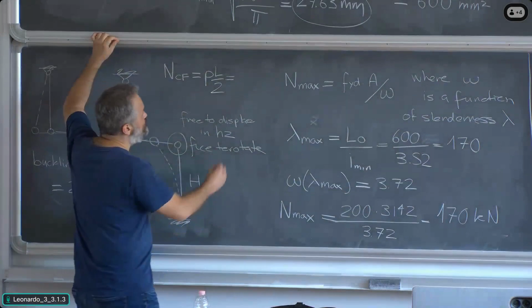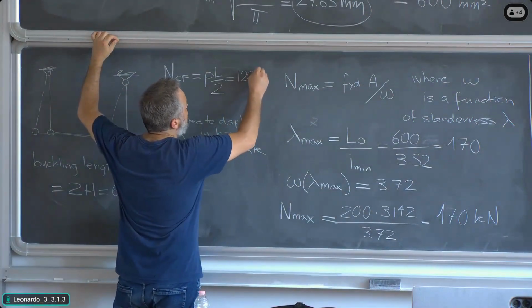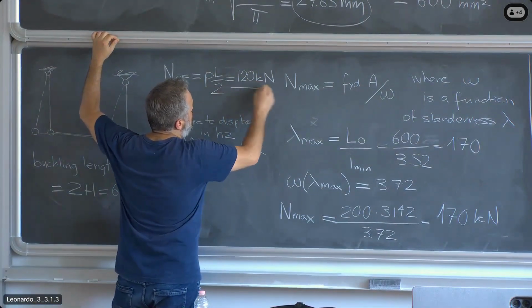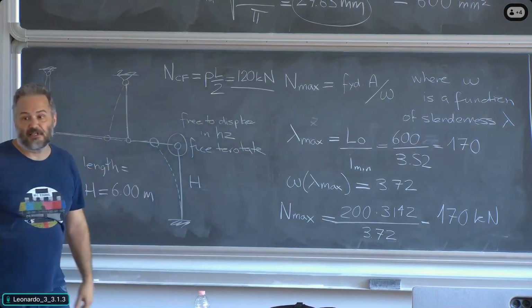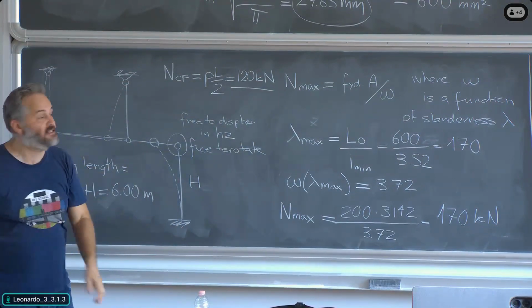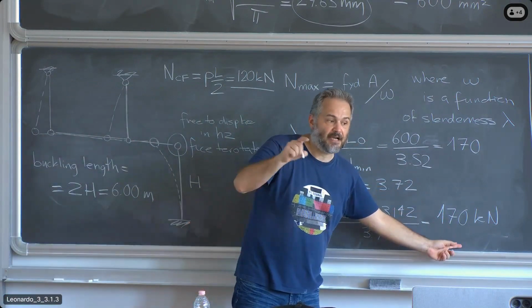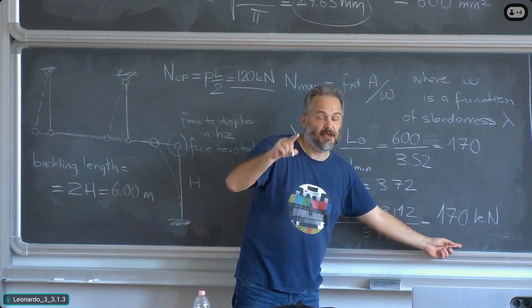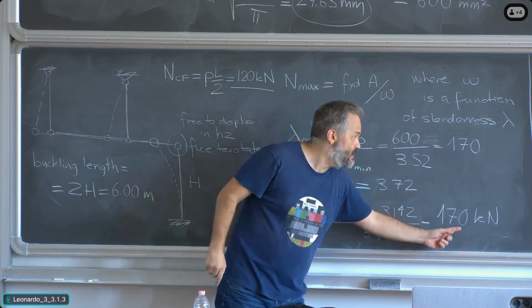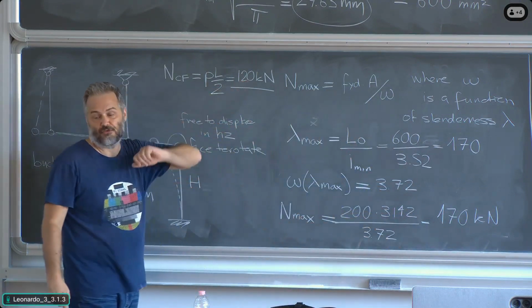So the force in the column is 120 kilonewtons. Is the section properly designed? The answer is yes, because 170, the maximum axial force this member can sustain in compression, is larger than 120.